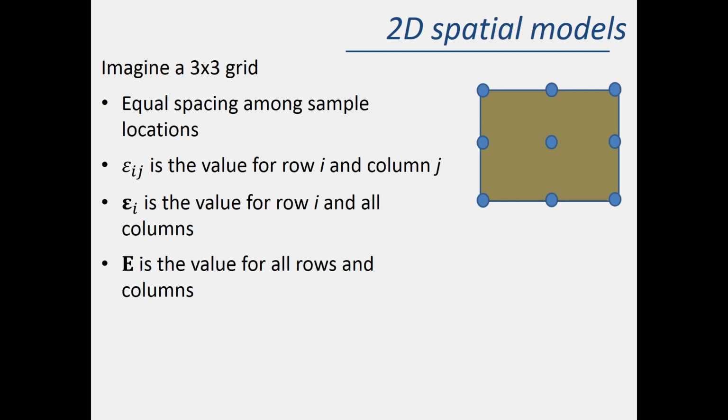If we've got epsilon for row i and column j, then we can pull out a row of that, epsilon i being a row vector, and because it's a vector, I'm going to use bold, lowercase, non-italic. And finally, if I want to refer to the matrix, I'll just call it E, using vector matrix notation, uppercase, bold, non-italic. So E has 9 elements, a 3x3 matrix. Epsilon i is a vector of length 3.